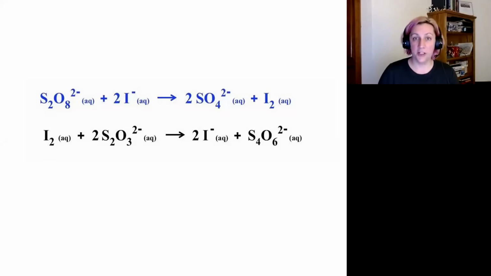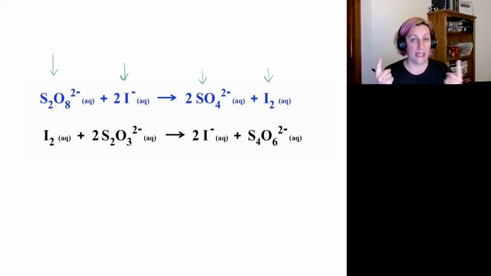And so the reaction that's taking place is between iodide right here and S2O8 2 minus, another anion. When we bring these two together, they're going to form sulfate ions and iodine, which is molecular iodine. It's two iodine atoms covalently bonded together. Now, this reaction happens really fast, actually.